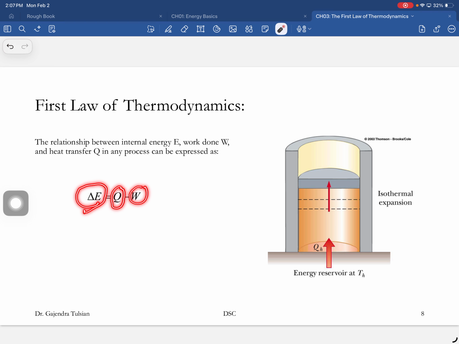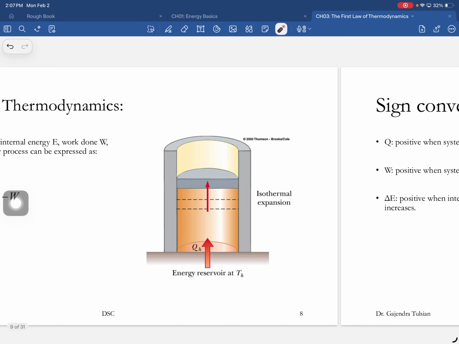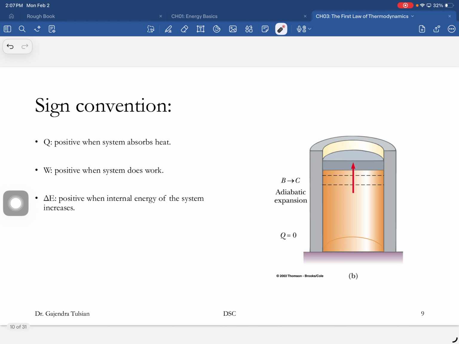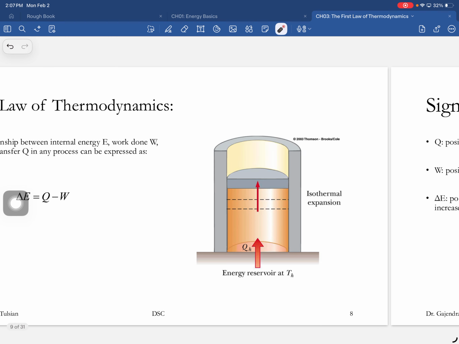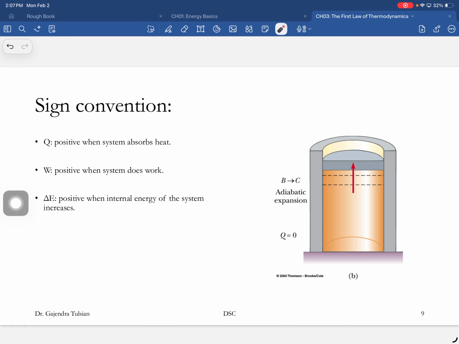So if the system does any work, it's like you're not earning anything and you spend money: if you spend $100, then your bank balance decreases by $100. So if you do work, that energy is coming from your internal energy. That's an adiabatic process. So you have to be aware of these 4 processes. Now we'll say something about each of the processes.